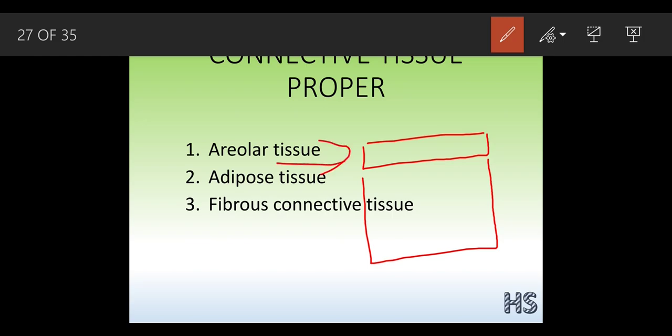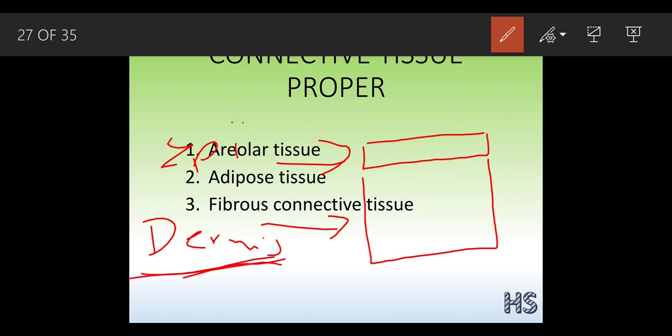This is called the epidermis, and this part is called dermis. This dermis layer is made up of the areolar tissue. What do you mean by the word beneath? Beneath means downward, beneath the epidermis.